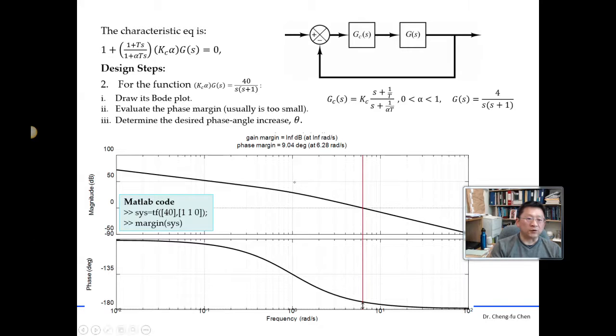Now, go to the second step. With that ready, 10 multiplied with G(s), whose numerator is 4, is our gain adjusted open loop system, G(s), as it is called in our textbook.